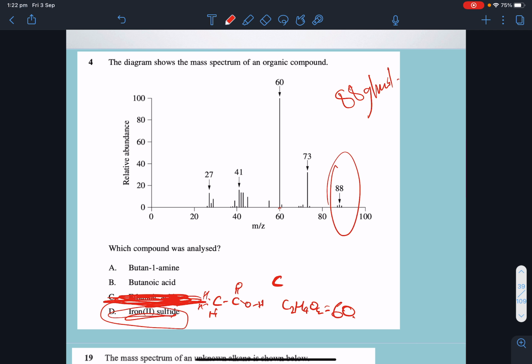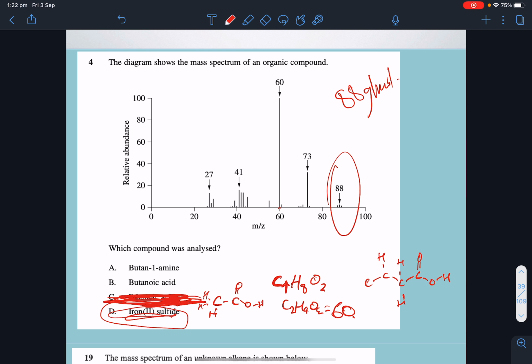What have we got? Butane, so C4H3, 3, 4, 5, 6, 7, 8, C5H8O2. I'm not good at doing this in my head, and I shouldn't encourage you guys to do it. I'll draw it all out properly.